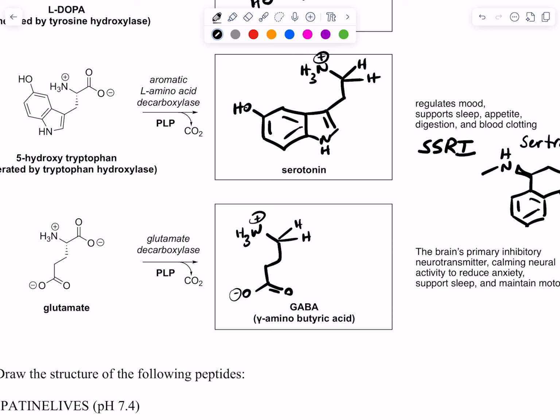GABA is an inhibitory neurotransmitter, so it reduces the activity of overexcited neurons, promotes relaxation, reduces anxiety, can promote sleep. It is the target of sedative drugs like barbiturates, and low GABA is associated with some anxiety disorders. It's sort of called the brain's brake pedal and supports relaxation.